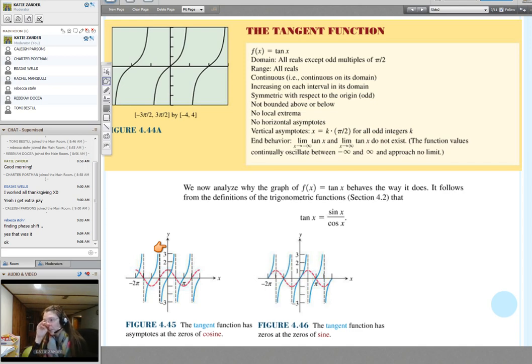It is symmetric to the origin, and we don't want to confuse this with where the vertical asymptotes are going to be located. The graph itself is what we call odd because of the symmetry that it has. So when we look at the very end, I have kind of a summary of the 6 trig functions and like their periods, their asymptotes, their x-intercepts, stuff like that.